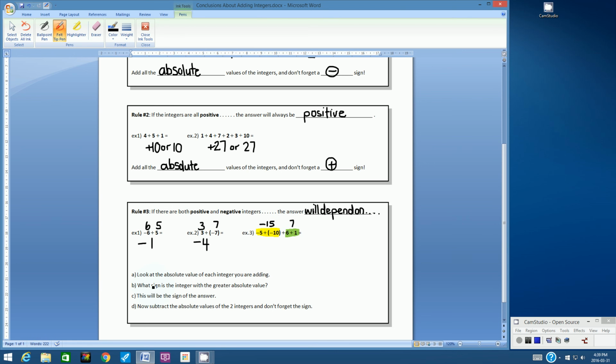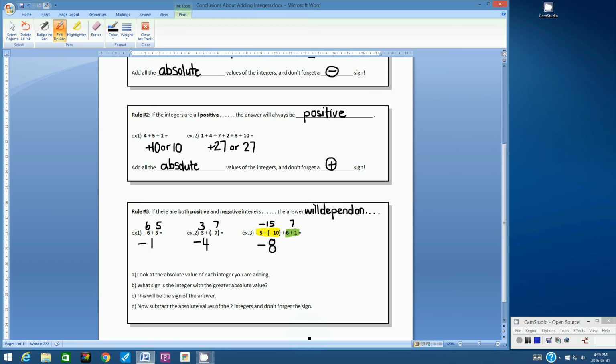All right, so let's look at the absolute values. The integer that has the greater absolute value is 15. The sign of that answer is negative. So we know that this answer is going to be negative as well. Subtract the absolute values of the two integers. 15 subtract 7 is 8. So the answer to -5 plus -10 plus 6 plus 1 is -8.